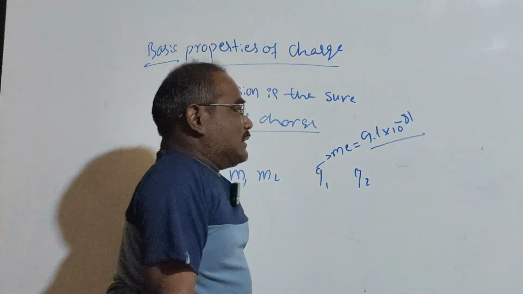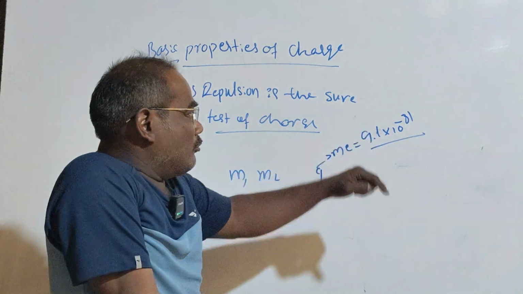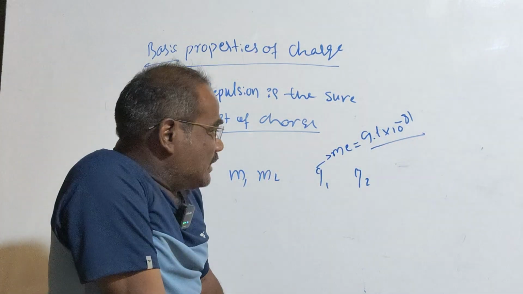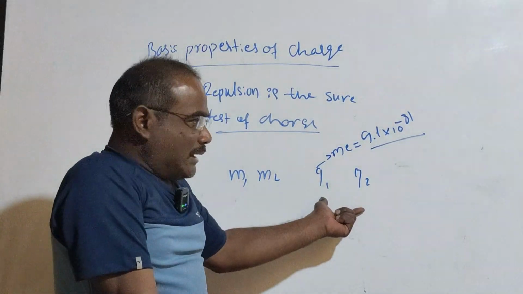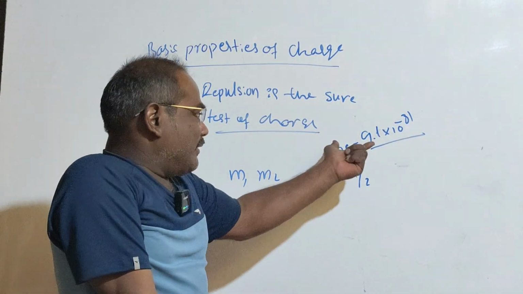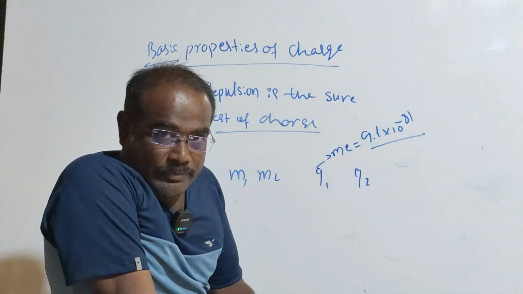This is the mass of one electron. So electrons also attract, since electrons have mass. But electrons exhibit one more property, they repel each other.